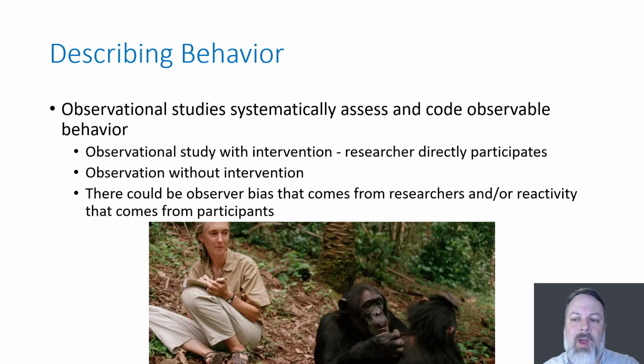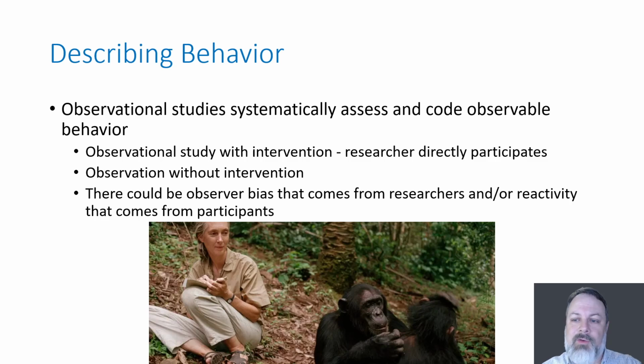Another way we can describe behavior is through observational studies, where we have systematic ways of assessing and coding behavior. You could imagine somebody who is watching a classroom of children and is recording how many times they get up out of their seats or they display an aggressive behavior or off task or something like that.